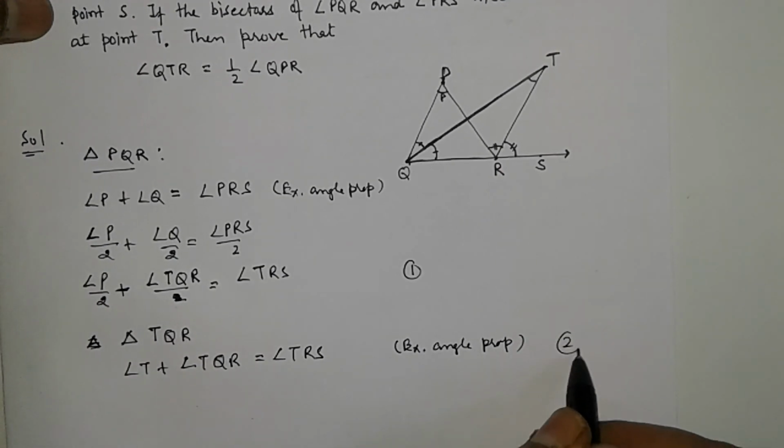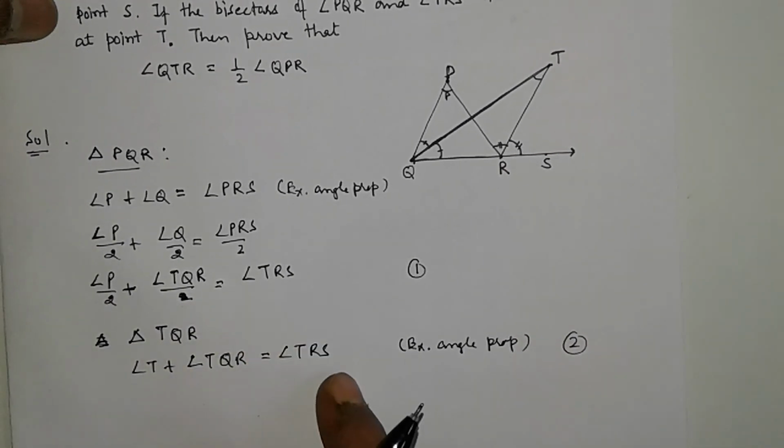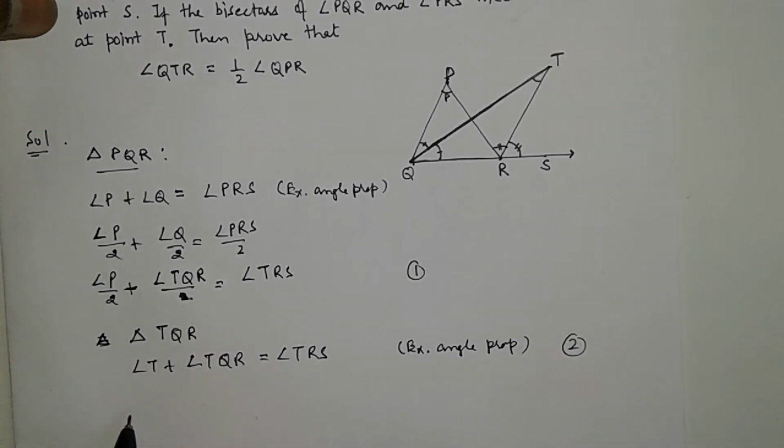This is equation number 2. Now you see both 1 and 2 are equal to TRS, so equate them.